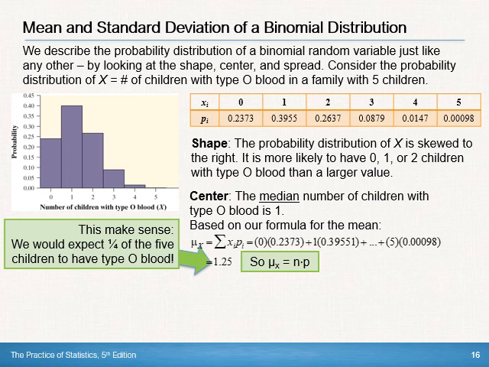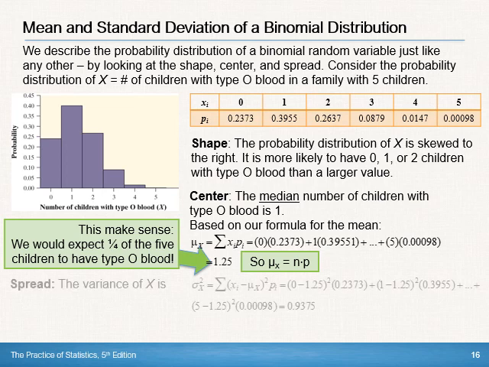So you would expect about 1.25. So that intuitively makes sense here. And indeed, the mean or expected value is going to be n times p. So the number of trials times the probability gives us our mean value.